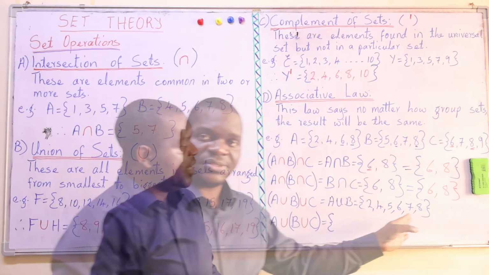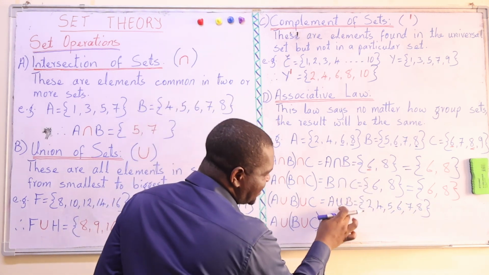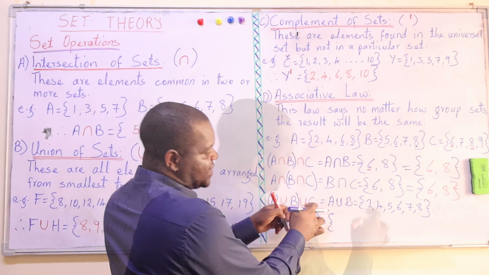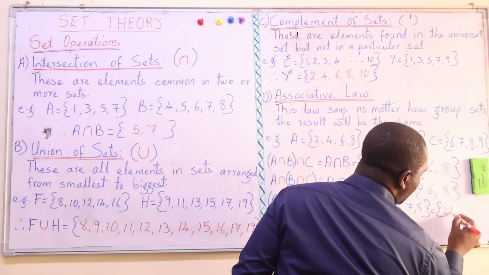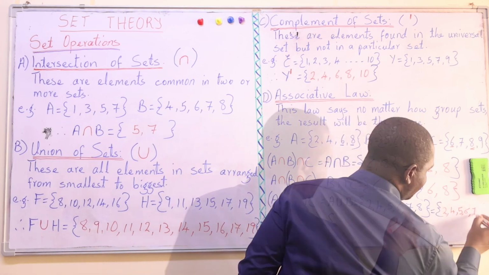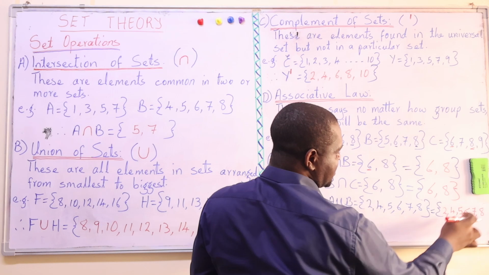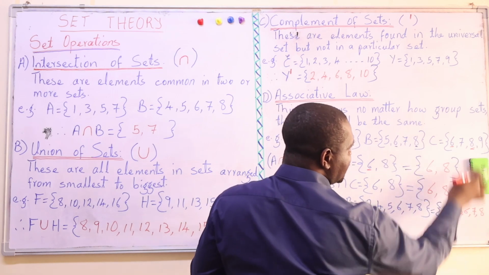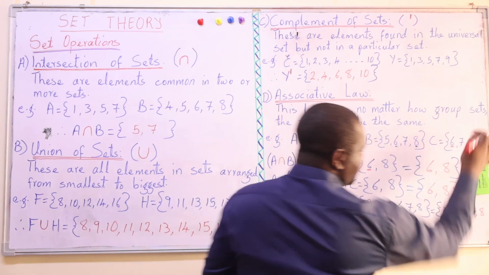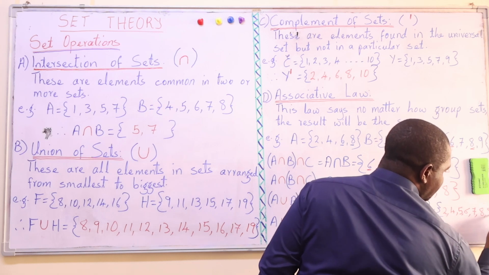Same with 8. Now let us unite this set A union B with the set C. So let's start with the list. 2, 4, 5, 6, 7, 8. Then in C we have 9 because 6 is here, 7 is here, 8 is here. So the only number we add now is 9.